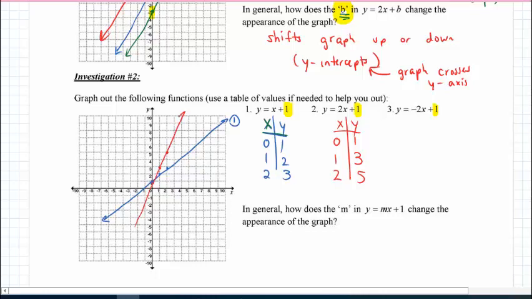Connect the dots. Ding. And finally, this time 0, 1, 2. Negative 2 plus 1 is negative 1. Negative 4 plus 1 is negative 3. By the way, if I'm going too fast, just pause the video.